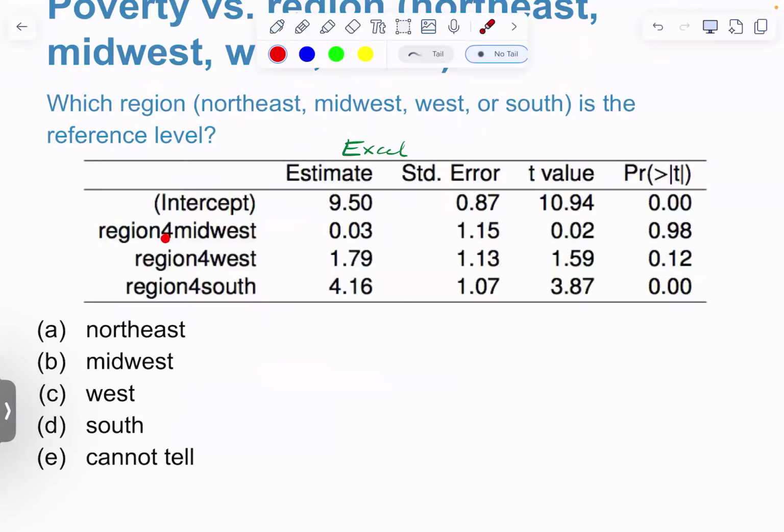But if we have the Midwest, the West, and the South, then from this list, what am I missing? I have the South on here, I have the West on here, I have the Midwest on here, and I'm missing the Northeast. And so the Northeast must be that 4th region that is the intercept, the reference level.